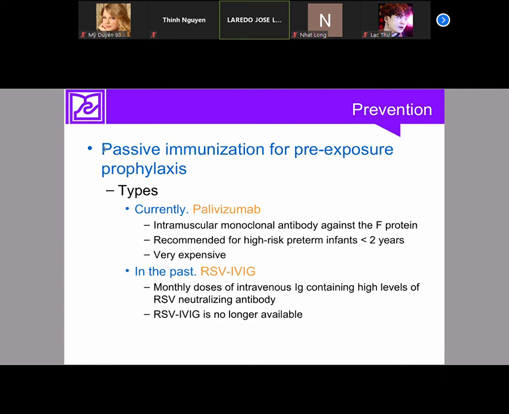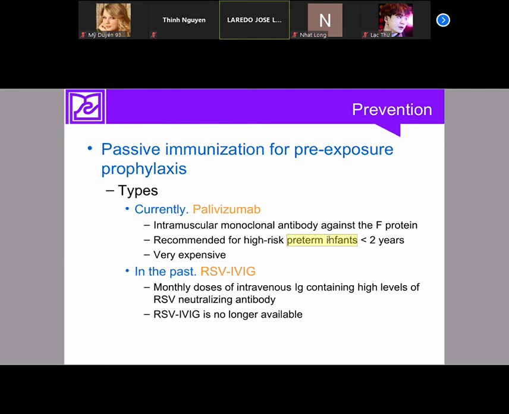Bronchiolitis by respiratory syncytial virus is usually very mild. However, some children, usually preterm infants, do you understand preterm? That they are born before time. Some children, like preterm infants, may suffer a very severe disease.